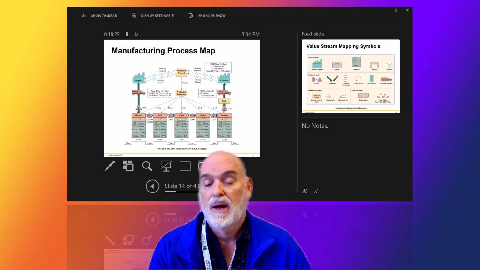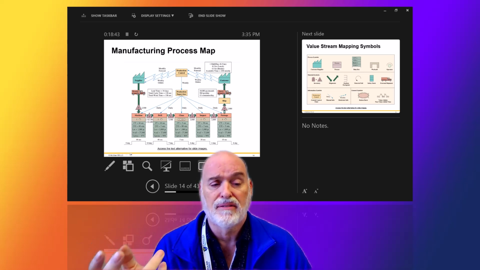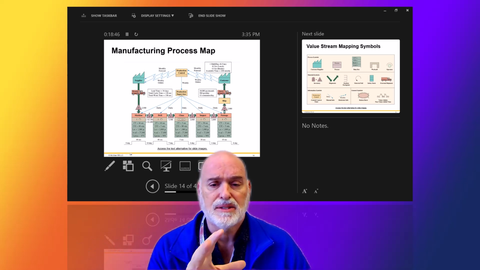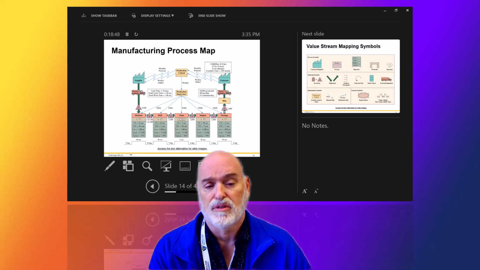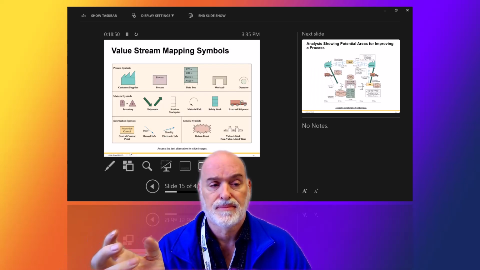You could have oil recovery from the ground, from oil wells, and then what happens to the oil after it comes out of the ground? It has to get processed, and then it gets processed into a variety of products, gasoline, motor oil, whatever. And these process maps are different from all the different products.